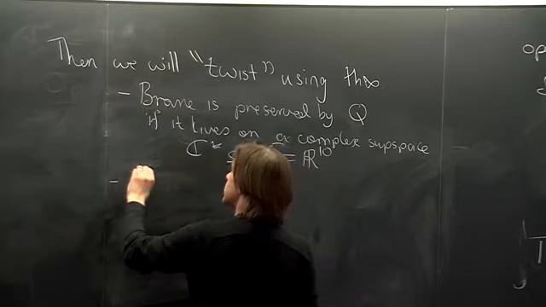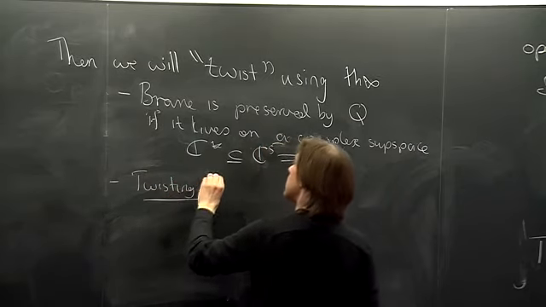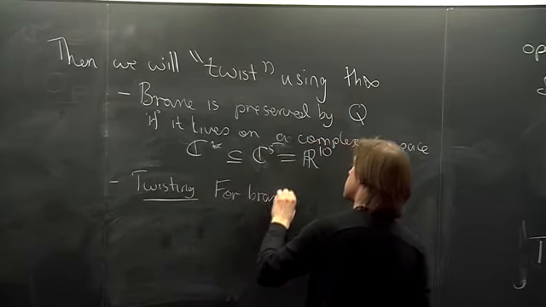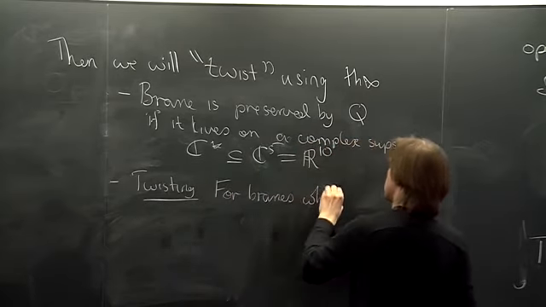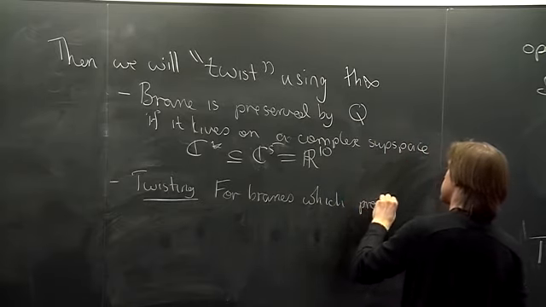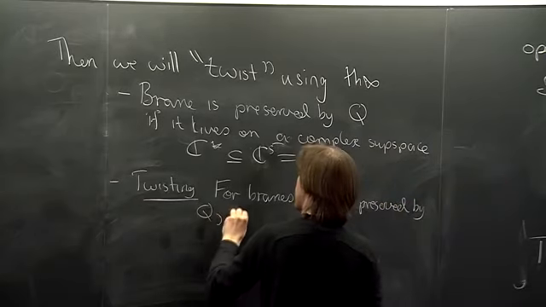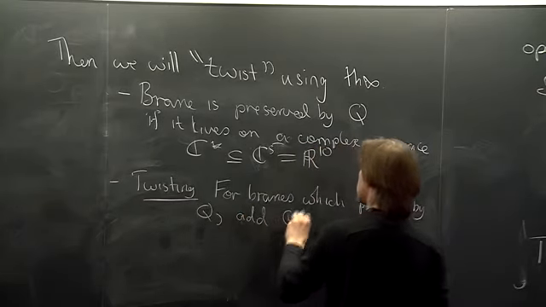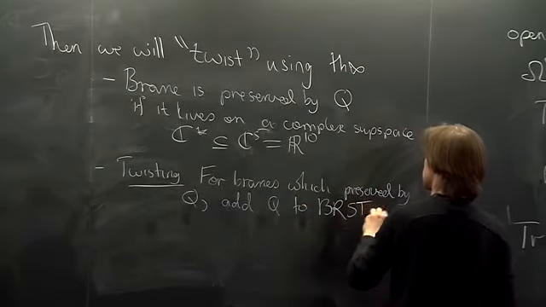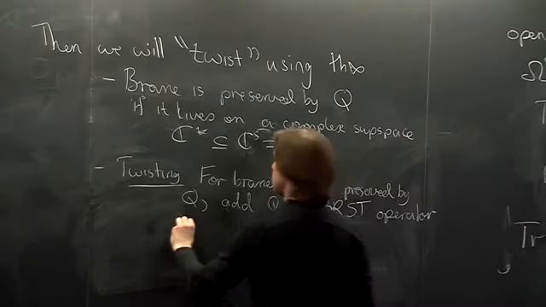So twisting just means, for branes which are preserved by Q, we add Q to the BRST operator of the open string fields.